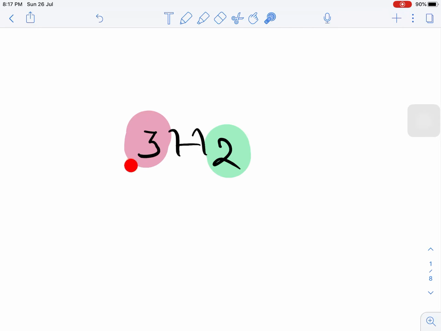This 3 is present before hydrogen, so in our general language let us consider it a prefix, and this 2 is present after the symbol of hydrogen, so this is a suffix. So I am considering this as prefix and this one as suffix. Now in this prefix and suffix, make it clear that you cannot change the number of the suffix.